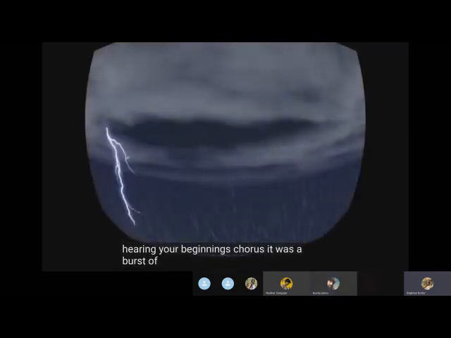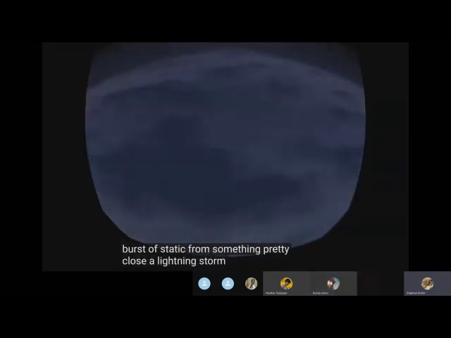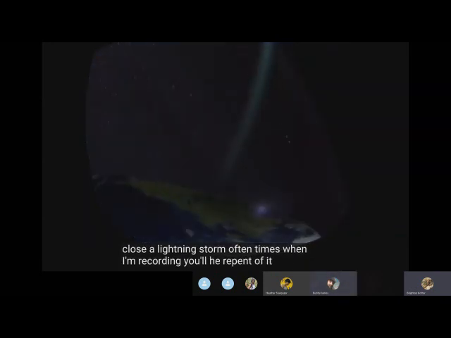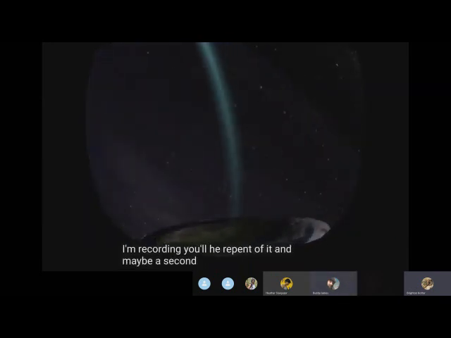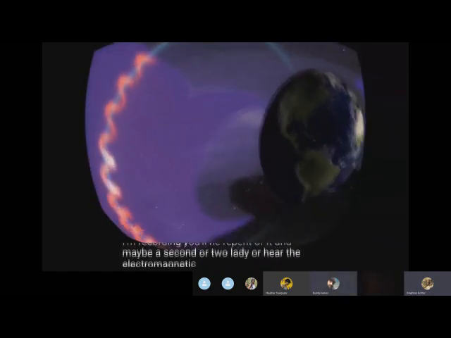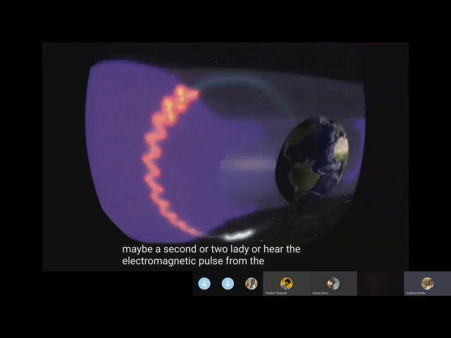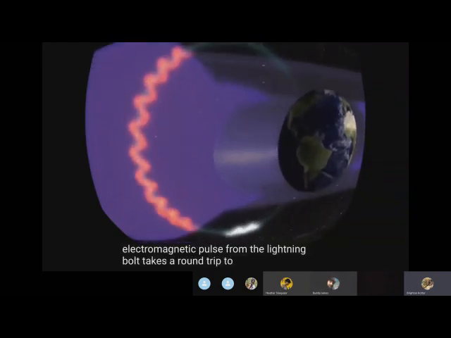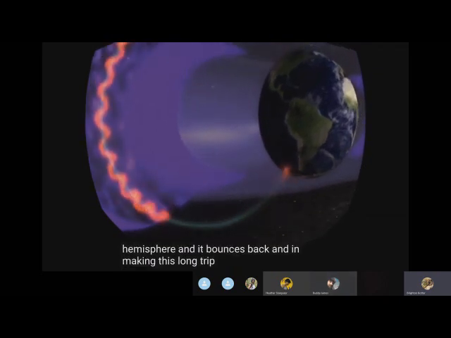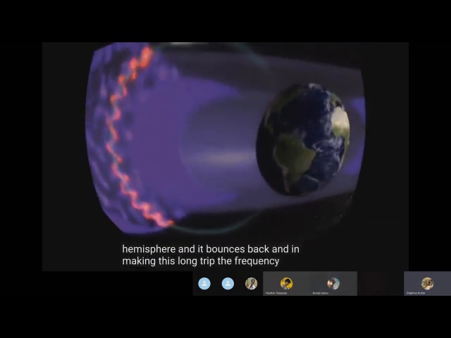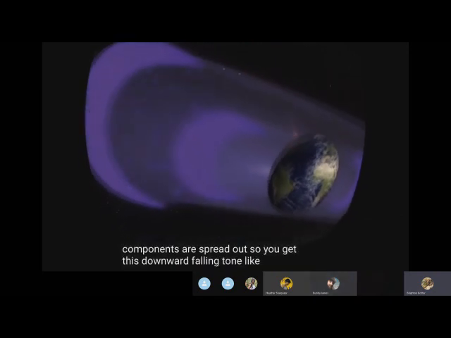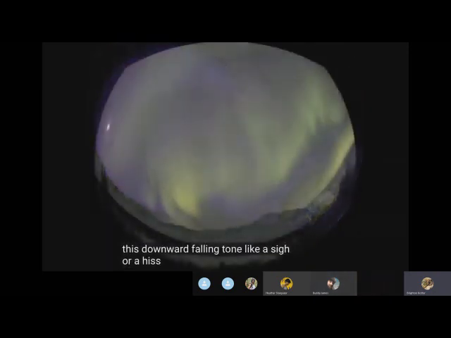That was a burst of static from something pretty close, a lightning storm. Oftentimes when I'm recording, you'll hear a crack, and maybe a second or two later you'll hear the electromagnetic pulse from the lightning bolt takes a round trip to the opposite hemisphere, and then it bounces back. And in making this long trip, the frequency components are spread out, so you get this downward falling tone, like a sigh or a hiss.